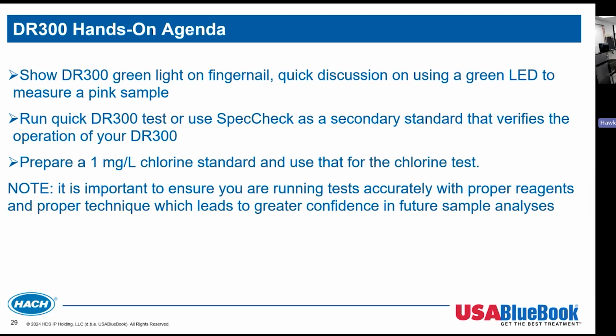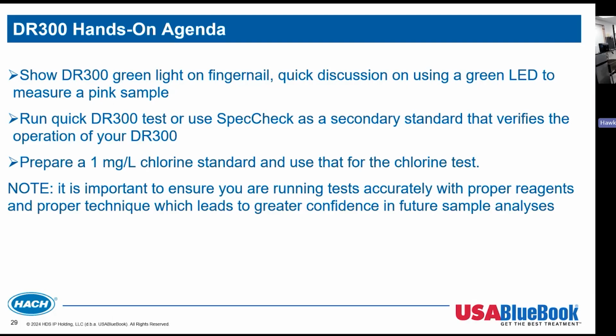The nice thing about these is that you get one blank, and we give you 3 different gel standards. You're going to run your blank and run each of those standards in your DR300. As long as the values you get on your DR300 match your certificate of analysis, you can feel reasonably confident that your DR300 is working as expected, and that if you're getting any issues, it's likely not going to be a result of your DR300.